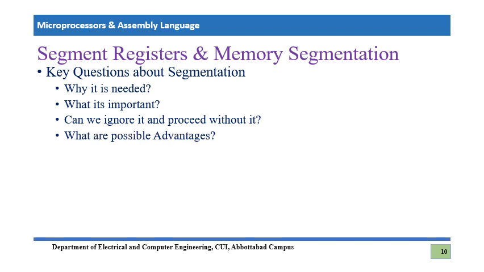What are the possible advantages? And that's your assignment number 1. You have to deal with these questions in your assignment number 1. I will also upload them in your course portal, where you can answer them with that particular link. Well, these are the questions we are also going to explore during our coming lectures.